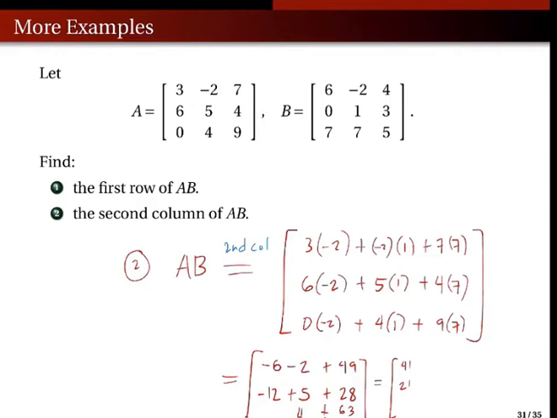And then you have 4 plus 63, that's 67. So this is the second column of the product AB. Okay? Question.